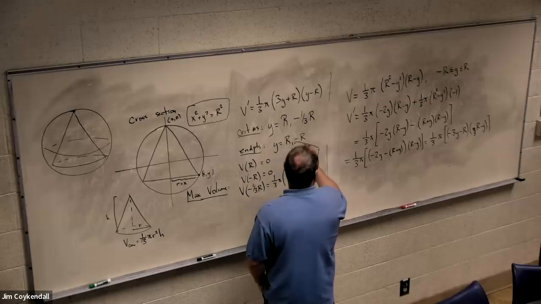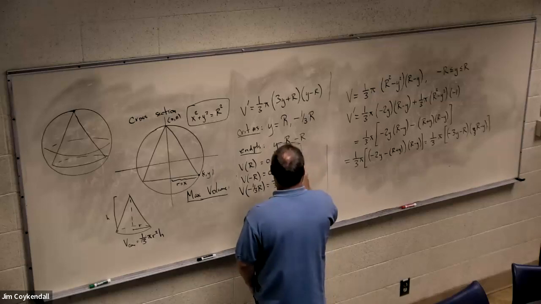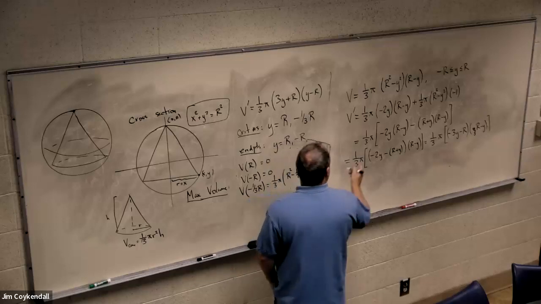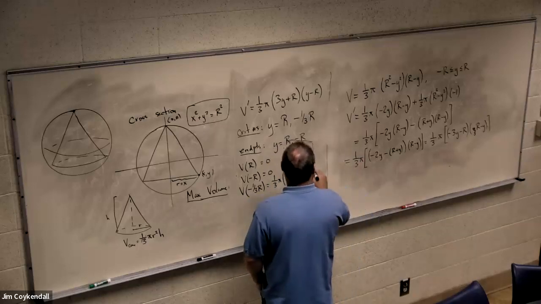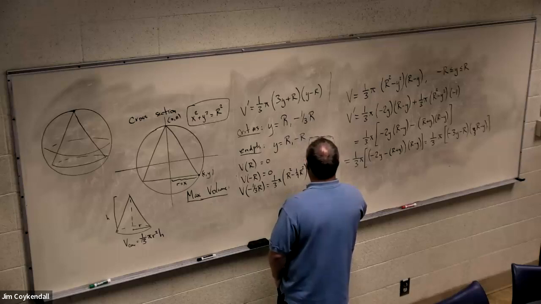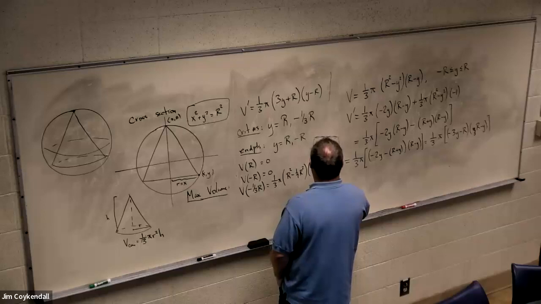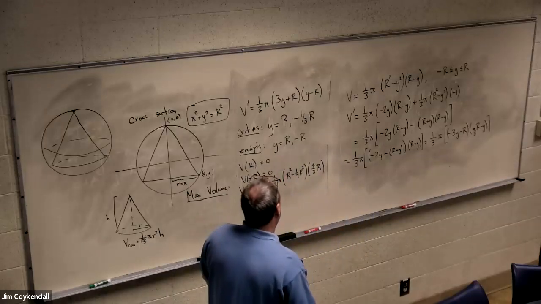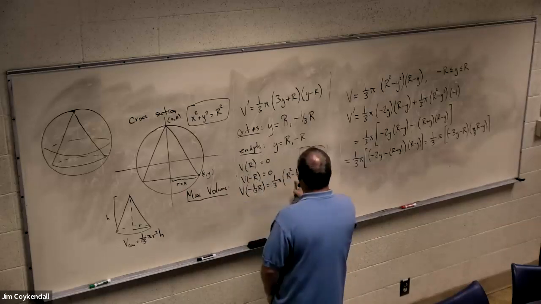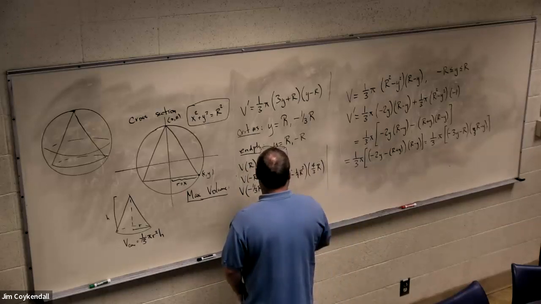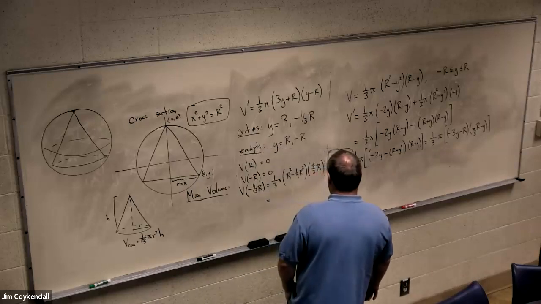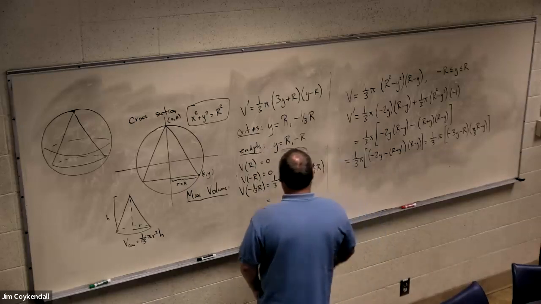R squared minus 1/9 R squared, and we'll see R minus 4/3 R. It's R minus a third, plus 8/9 times 4/3.